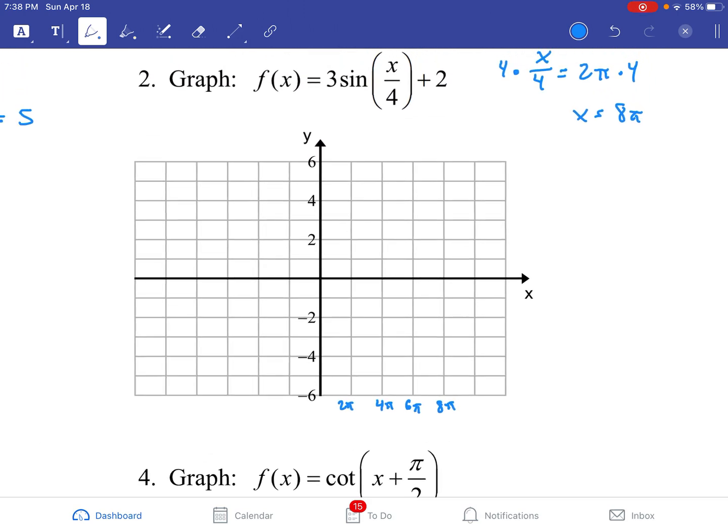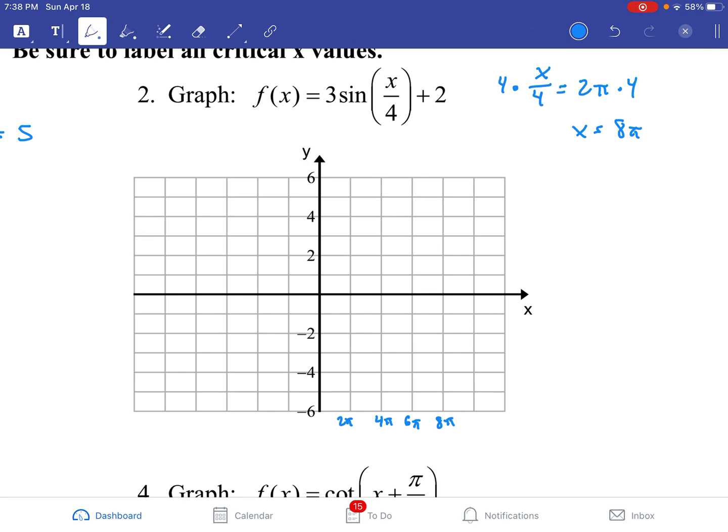Next we do our horizontal shift. There is no horizontal shift. Nothing is being added or subtracted inside the parentheses, so no shift. That means we can skip step 2. Step 3, find the first point. So we have 3 times sine, which starts at 0, plus 2 equals 2. So our first point will be at positive 2.